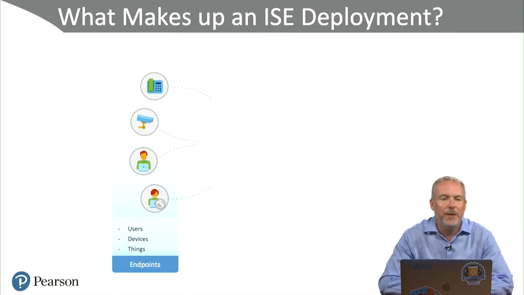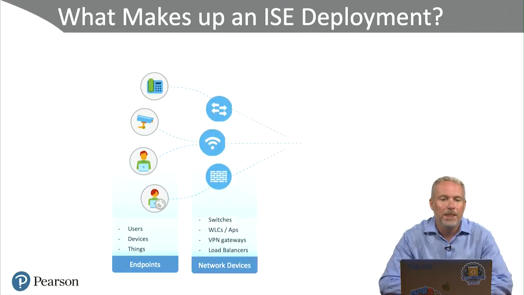So what makes up an ISE deployment? There are endpoints. So these are the things that are attaching to your network, whether they're workstations, headless IoT devices, doesn't really matter, just things that are connecting to the network. There's our network devices, and you'll hear the term NAD, which is network access device, used kind of interchangeably with network devices throughout this presentation. So those mean exactly the same thing.